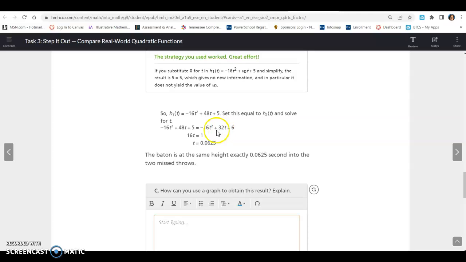If you subtract 32 from both sides, that leaves the 16t, and subtract 5 from both sides, that leaves the 1. So this was done algebraically, but you could also graph h1 and graph h2, and where they intersect, the x coordinate of the intersection point would give this exact time as well.